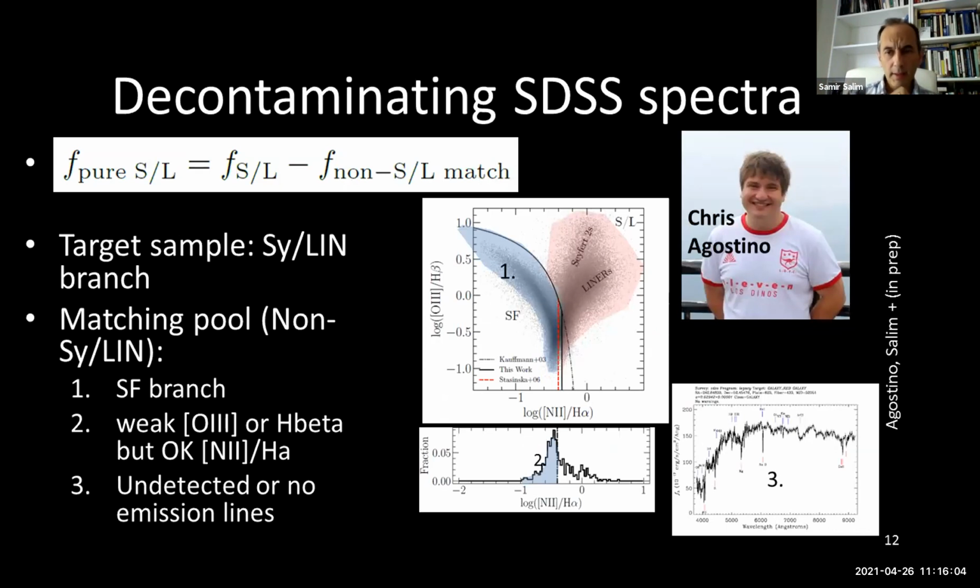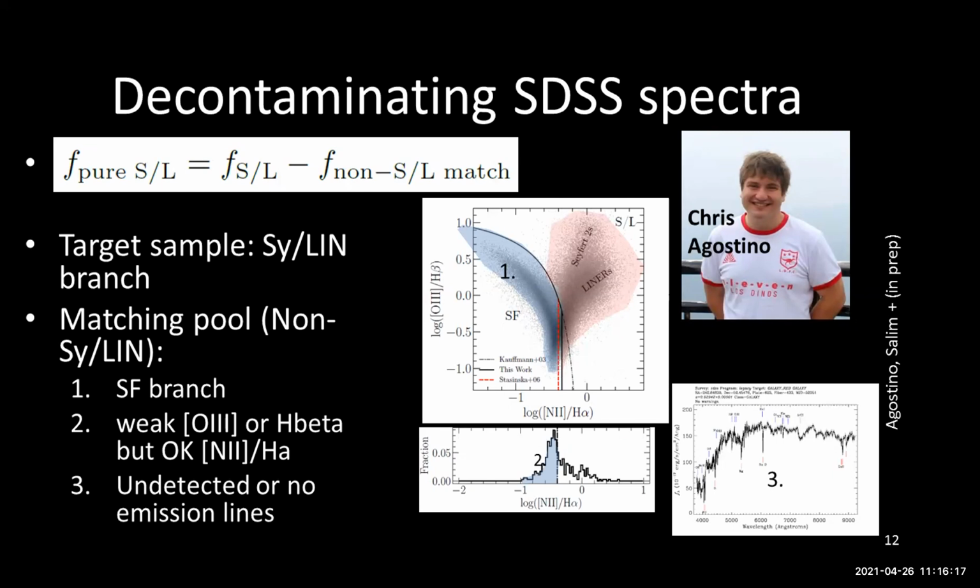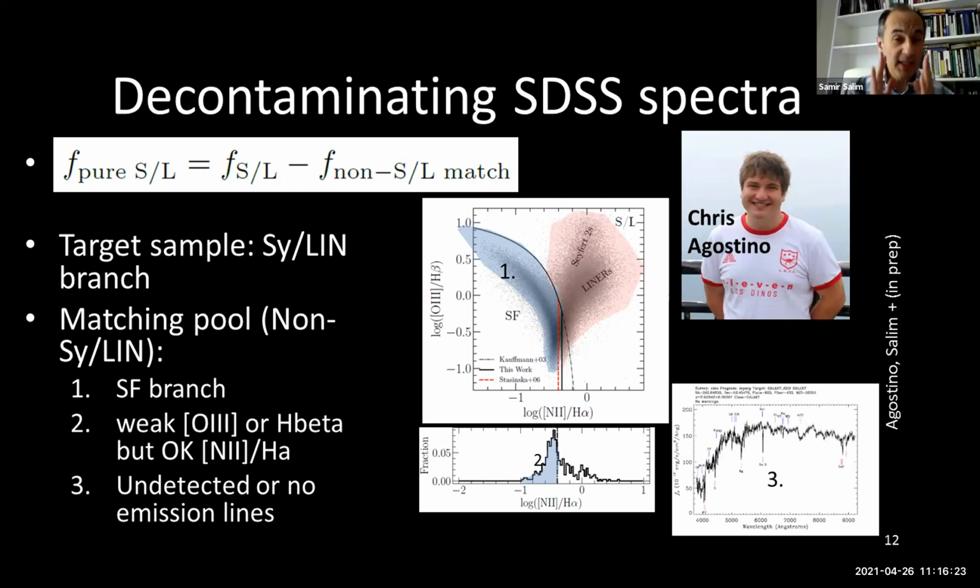Now, the study that my graduate student, Chris Agostino, has been leading, he has been working on this for the last 2 years. It took us a long time to actually hone the strategy and to really understand what is going on here. The fundamental idea is very, very simple. Because SDSS has so many galaxies, we should hope to be able to find, for each galaxy on the Seyfert liner branch, the AGN branch, its doppelganger, its match among galaxies that are not on that branch.